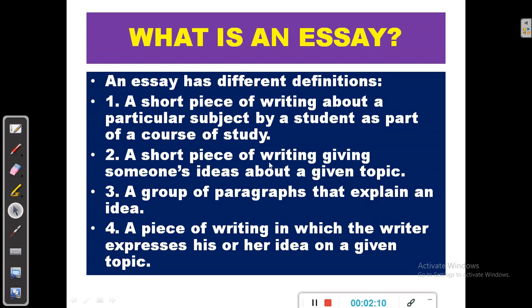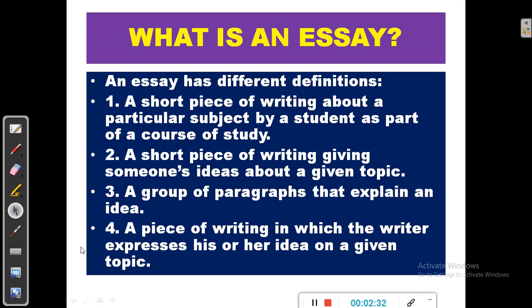That is an essay. Then the third definition is a group of paragraphs that explain an idea. You know, once you are able to write a group of paragraphs explaining an idea or discussing an idea, that can be regarded as an essay.